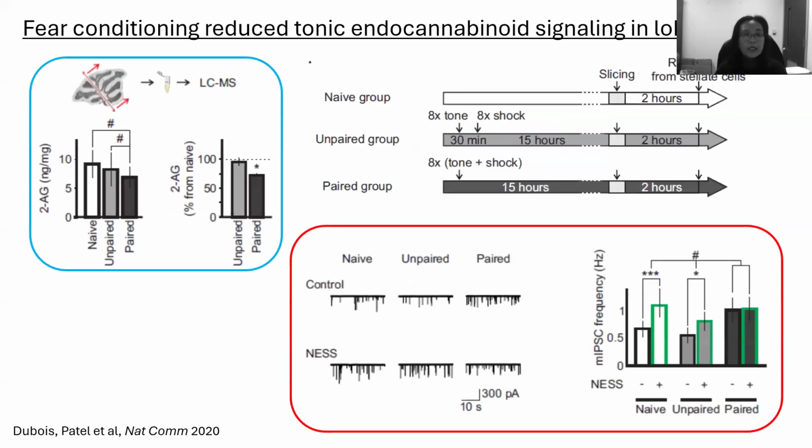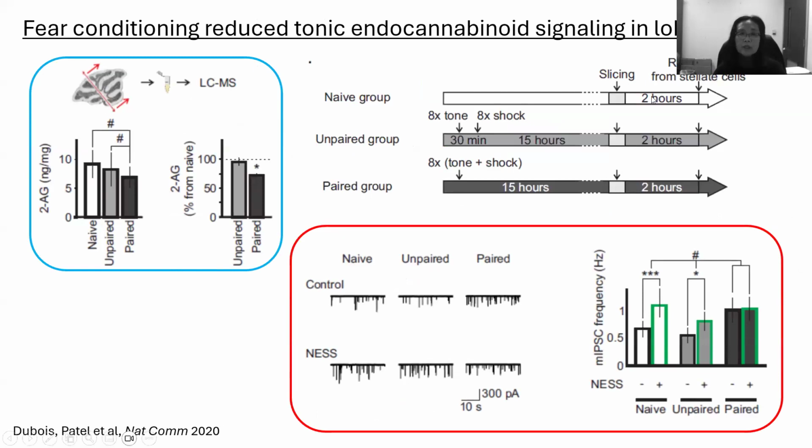So we first take a look at whether fear conditioning can alter the level of endocannabinoid in the cerebellum. This work was done by Chris Dubois and Jessica Patel and several other people, and it was published in 2020. Here we use several protocols.